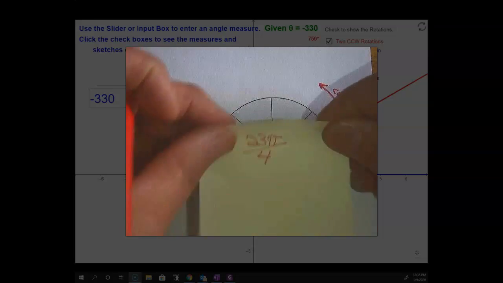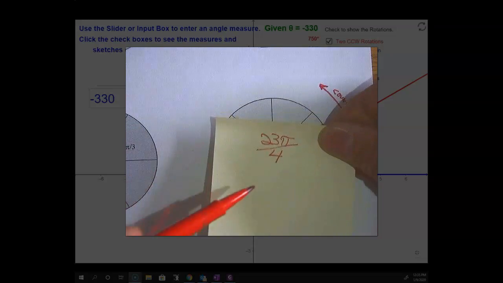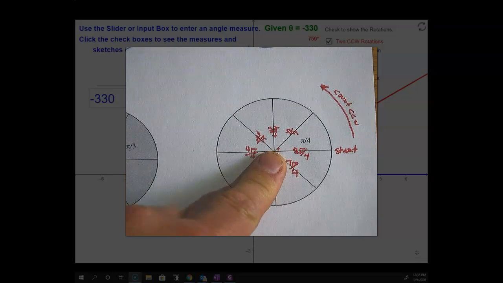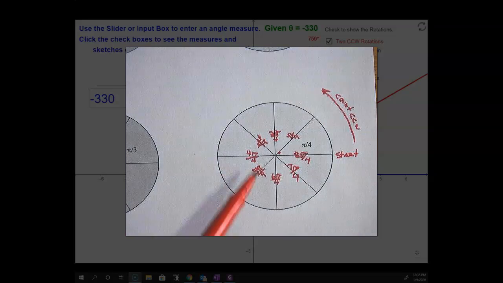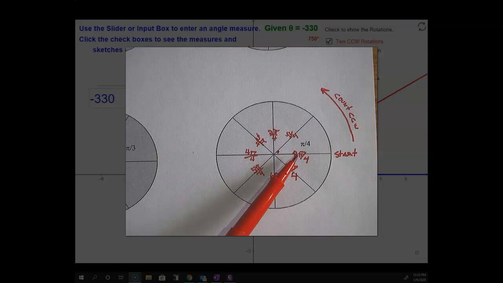All right. So this 23 pi over 4 isn't on this list here. And I want to know, where would it be on here? Okay, well, when we got to here, we did 8 of them. So if we went around again, that would be 16 of them. And if we went around again, that would be 24 of them. So that's too much.